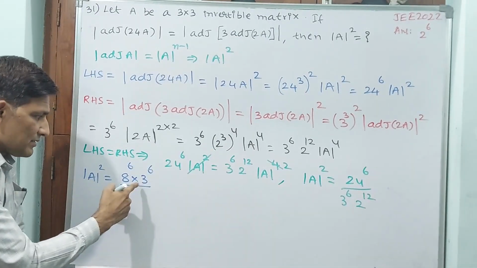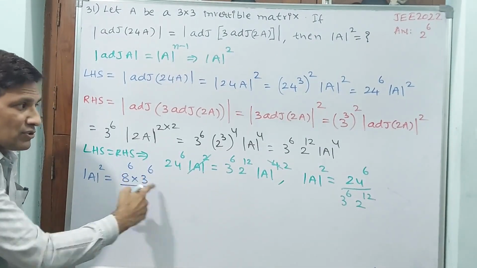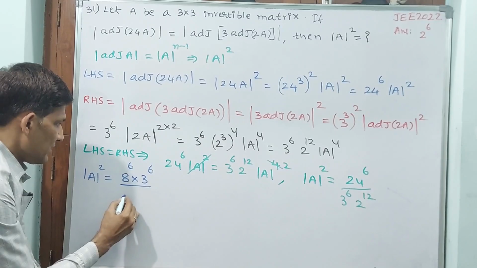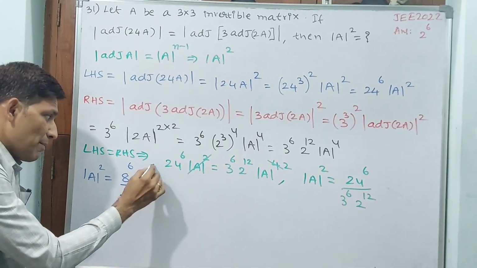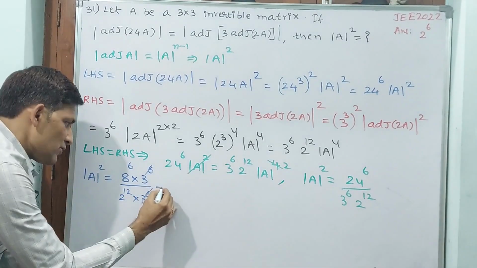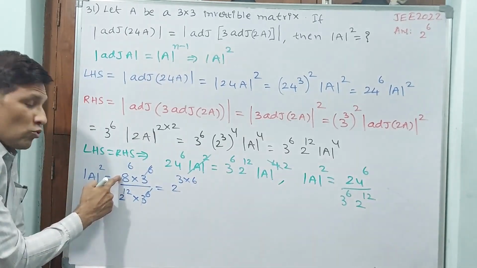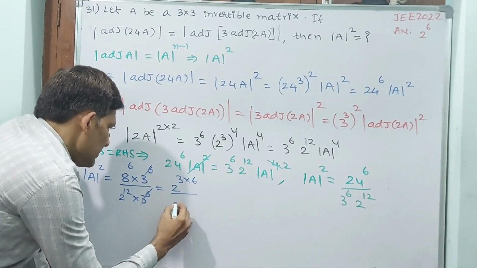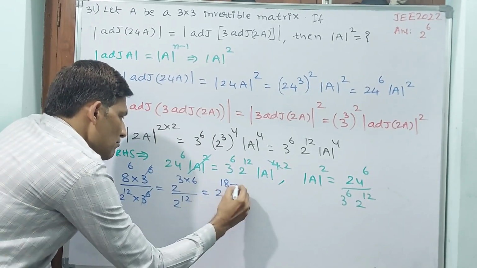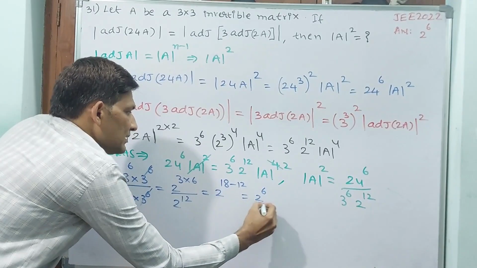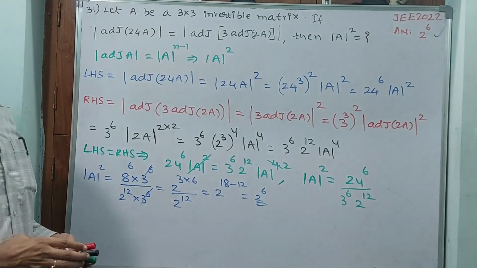Because when the power is the same inside, you can multiply. 8 power 6 into 3 power 6 is equal to 24 power 6, divided by 2 power 12 into 3 power 6. Completely 3 power 6 you cancel out. Again you write this. Okay, see, 2 power 3 into 6, 2 cube is 8, divided by 2 power 12, that is equal to 2 power 18 minus 12, that is equal to 2 power 6. Is this the answer, you see? Okay, let us go for the next question.